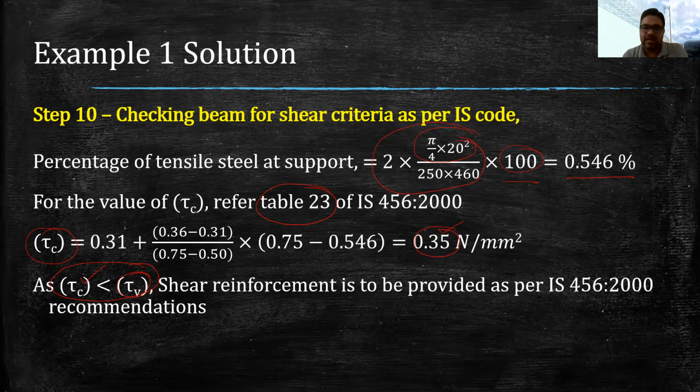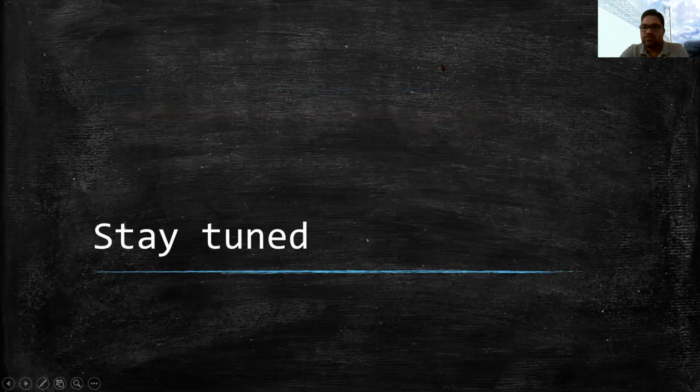Because of that, we need to provide shear reinforcement as per IS code recommendations, because we also need to resist the diagonal tension effect. We will calculate the shear reinforcement in the next part. Thank you.